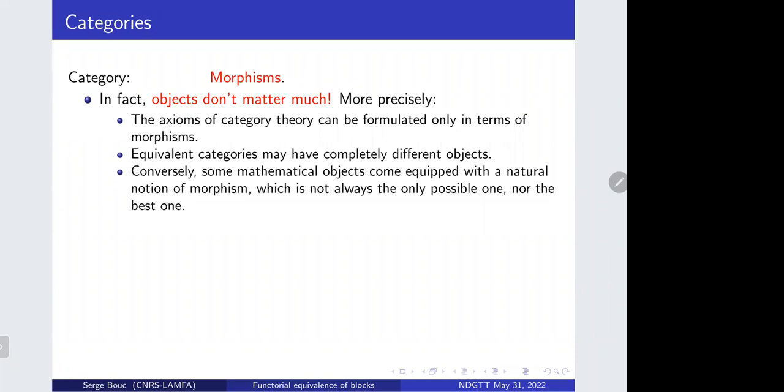Depending on the aspect of the objects you're interested in, you may use one notion of morphism or another one. So the general, say, philosophy, to use a big word, behind that is that in some cases it may be interesting to change the morphisms. I will give a list of examples of that which have appeared in the past decades.